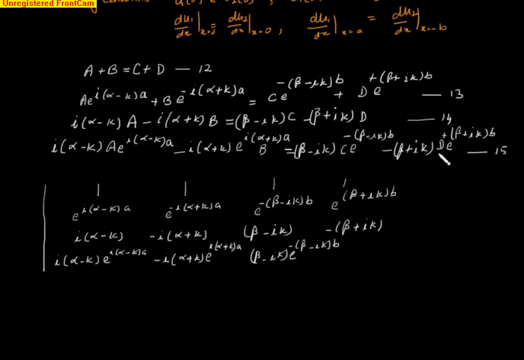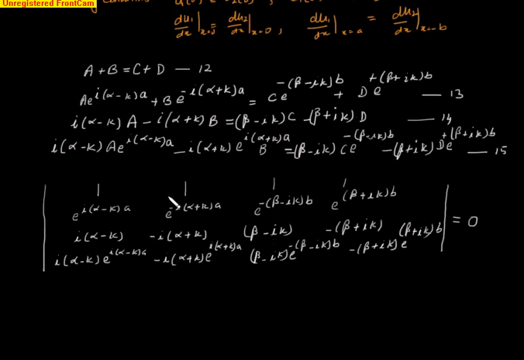Now the coefficient of d is minus (beta plus iota k) e raised to (beta plus iota k) times b. So these are the coefficients of a, b, c, d in all the four equations, and we make the determinant from them. And to solve these equations, this determinant should come out to be 0.